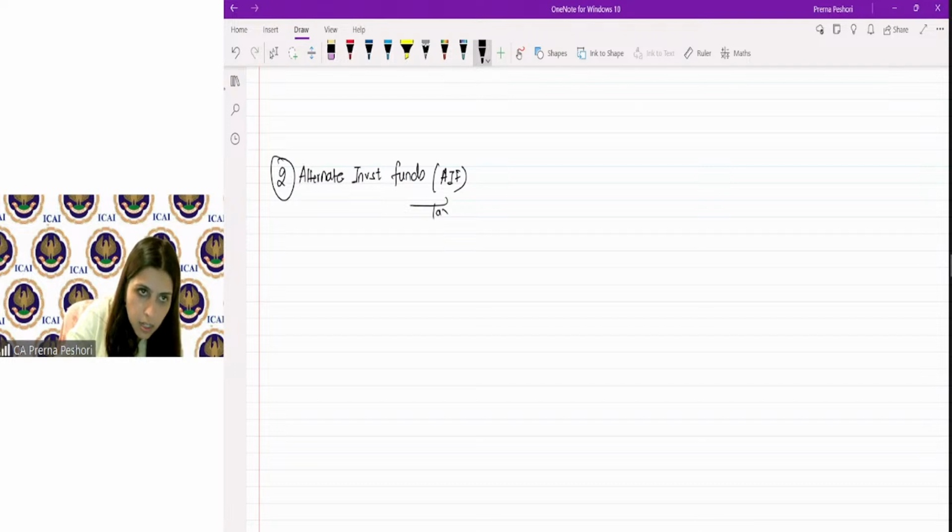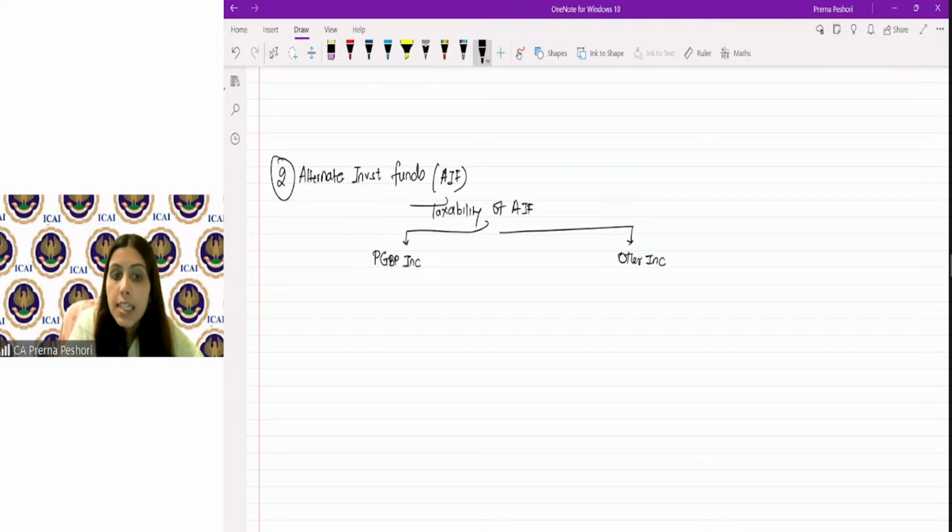So the taxability of the AIF: PGBP income, and the other income.